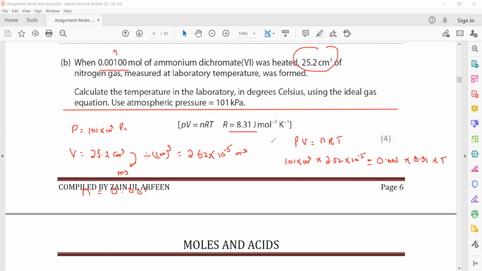So when we solve, this will come out as 306.28 Kelvin. But they are asking in degrees centigrade, so we know temperature in Kelvin equals temperature in degrees centigrade plus 273.